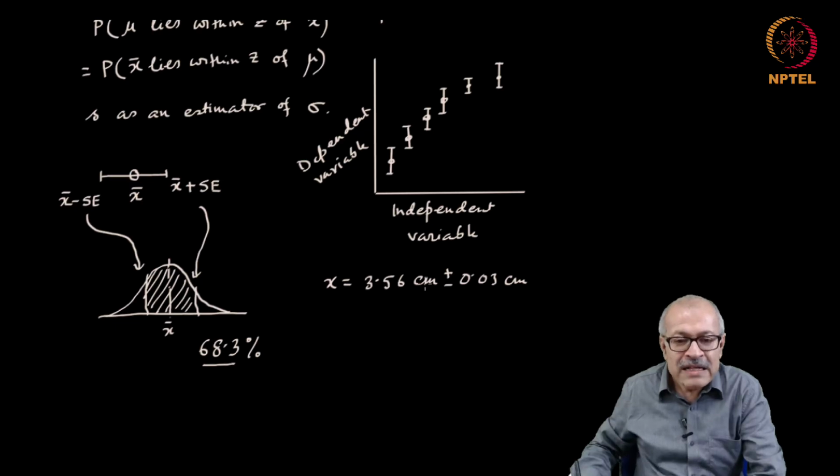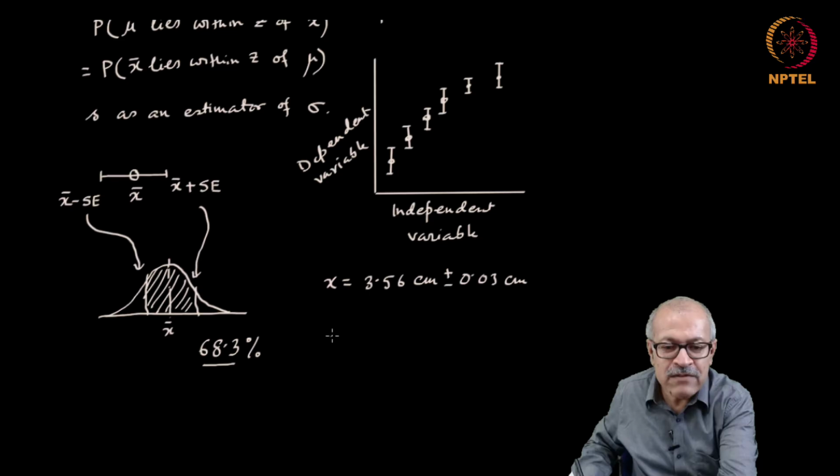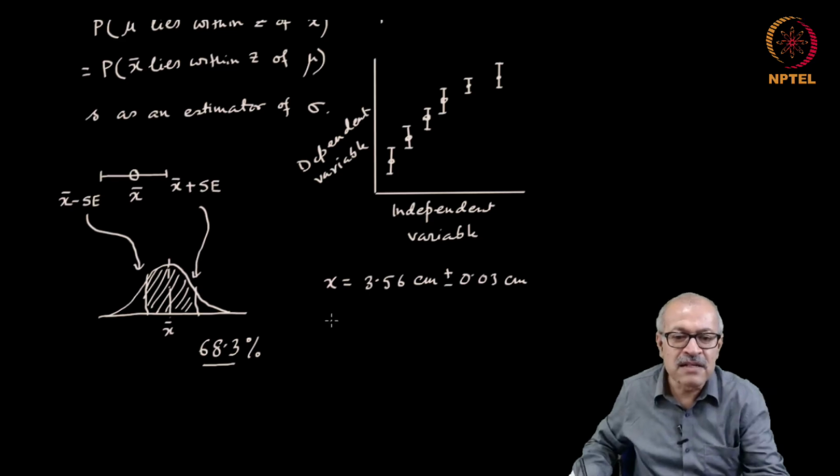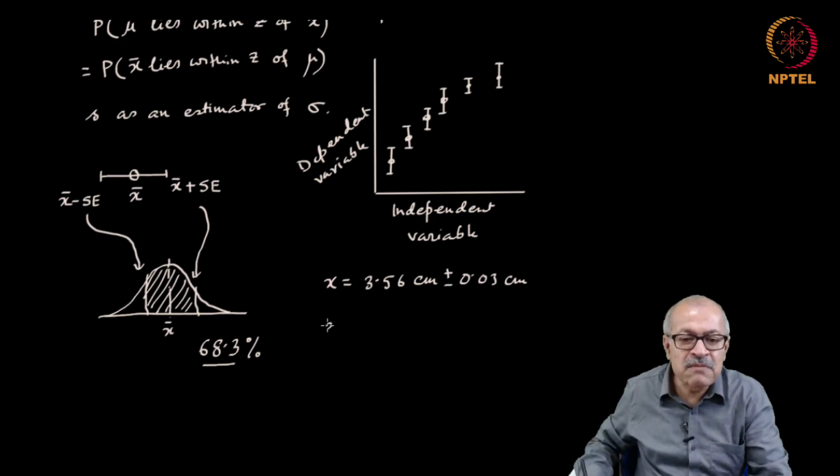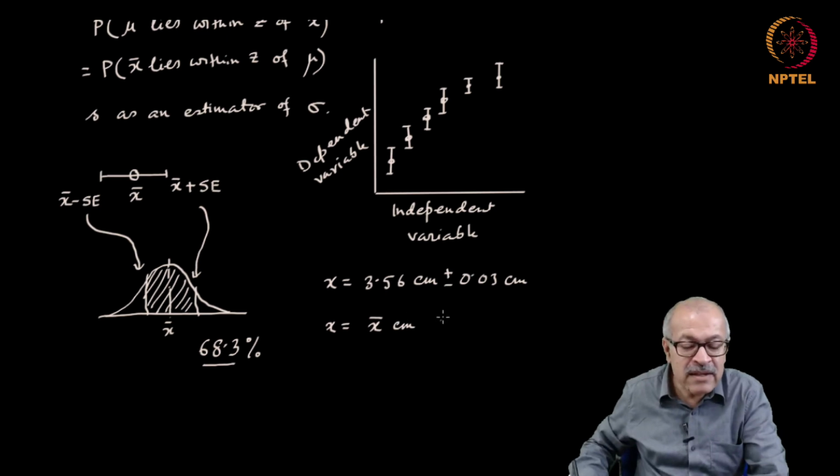Sometimes these are also expressed a little bit differently as a percentage error. So, that can also be expressed as a percentage error, something like this. I will write x as the average value that you have measured. This is in centimeters maybe, and then plus minus.